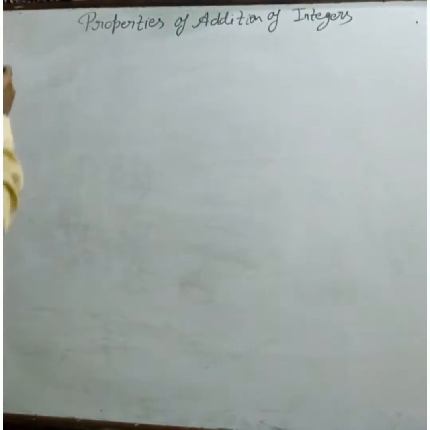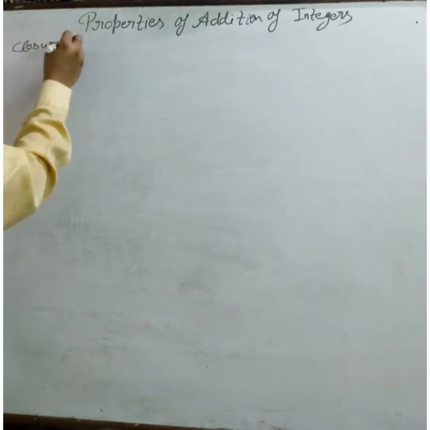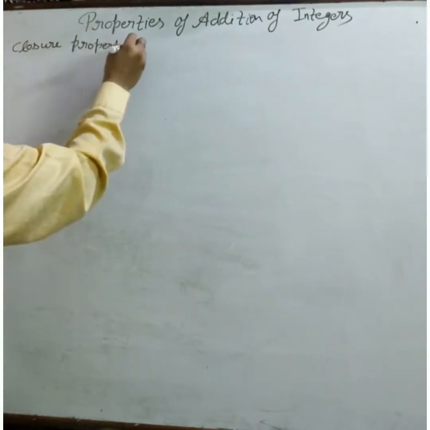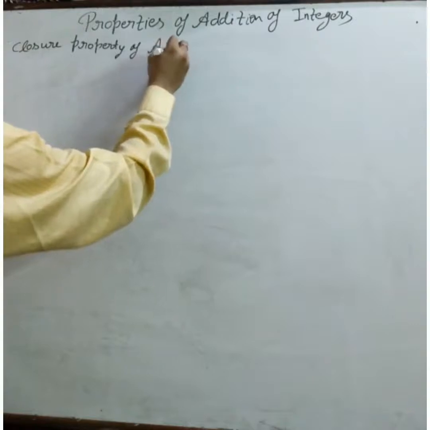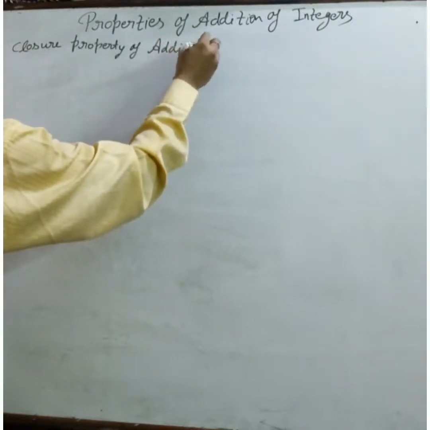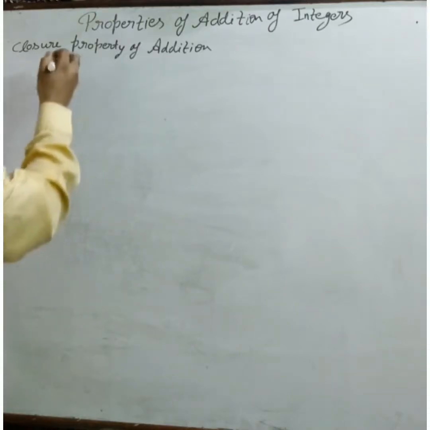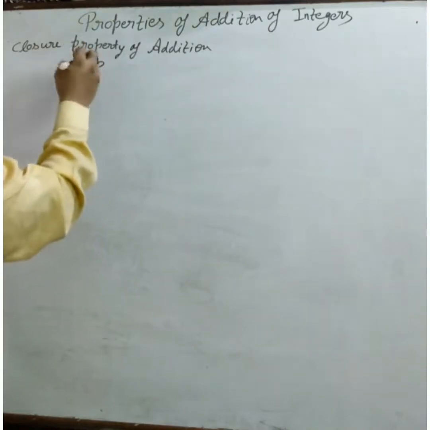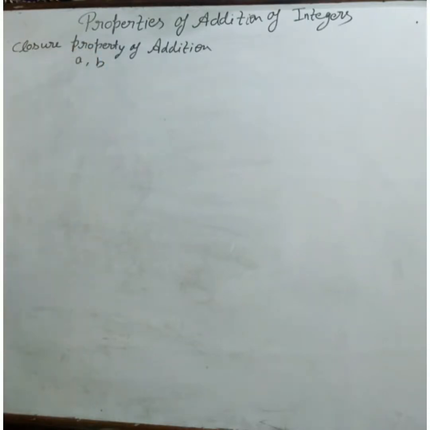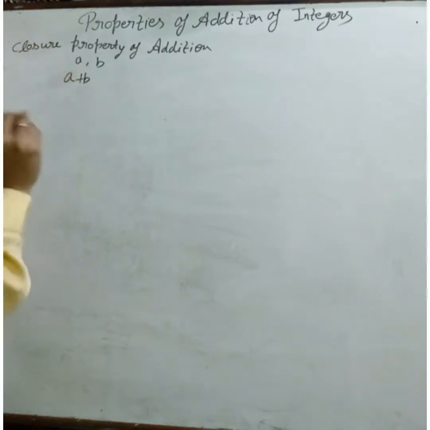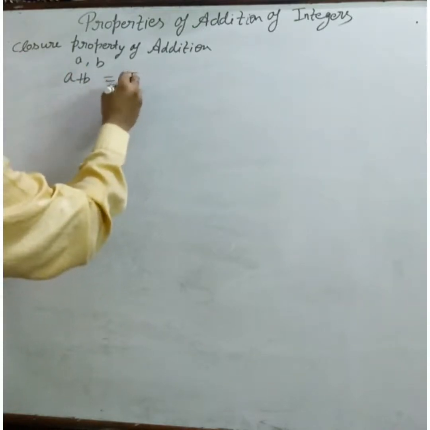The first property is the closure property of addition. What is the closure property of addition? If A and B are two integers, then A plus B is also an integer.